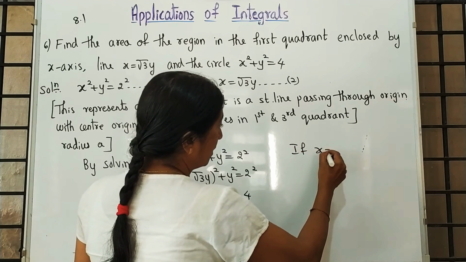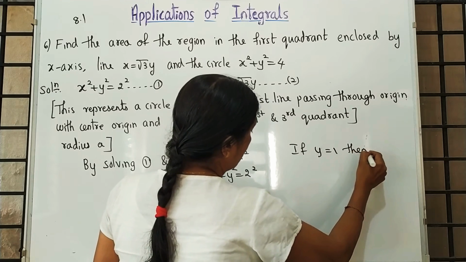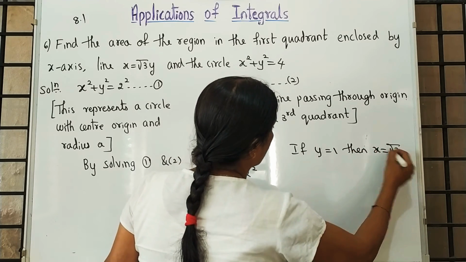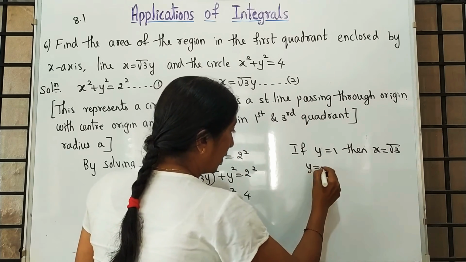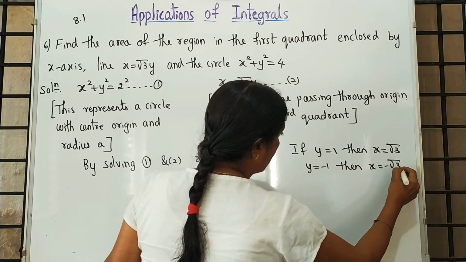See, if y is 1, then x is equal to root 3 from equation 2. If y is minus 1, then x is equal to minus root 3.